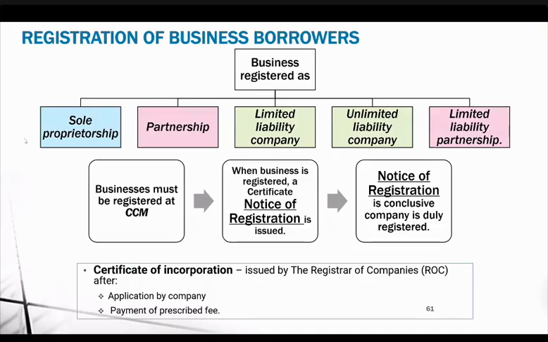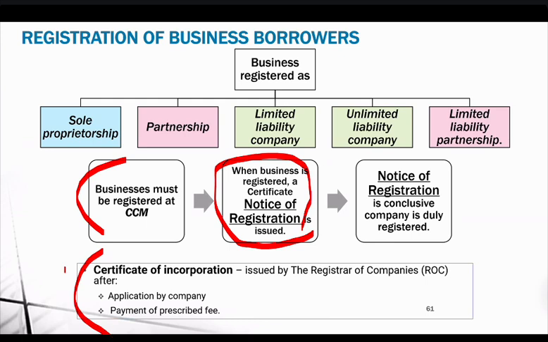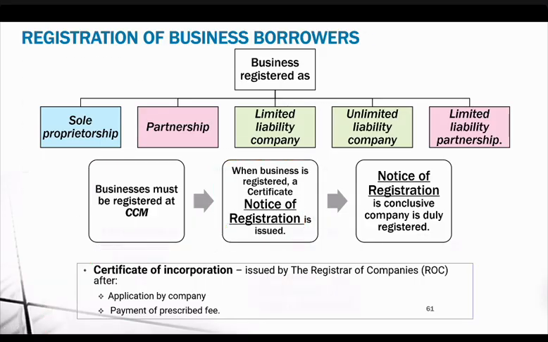And then these are the business registration points here. These are all your options for registering as a business. All businesses must register, and they have what they call a notice of registration. That's your evidence. If you want to be incorporated, this applies to Sendirian Berhad and Berhad. Then you go for a certificate of incorporation.